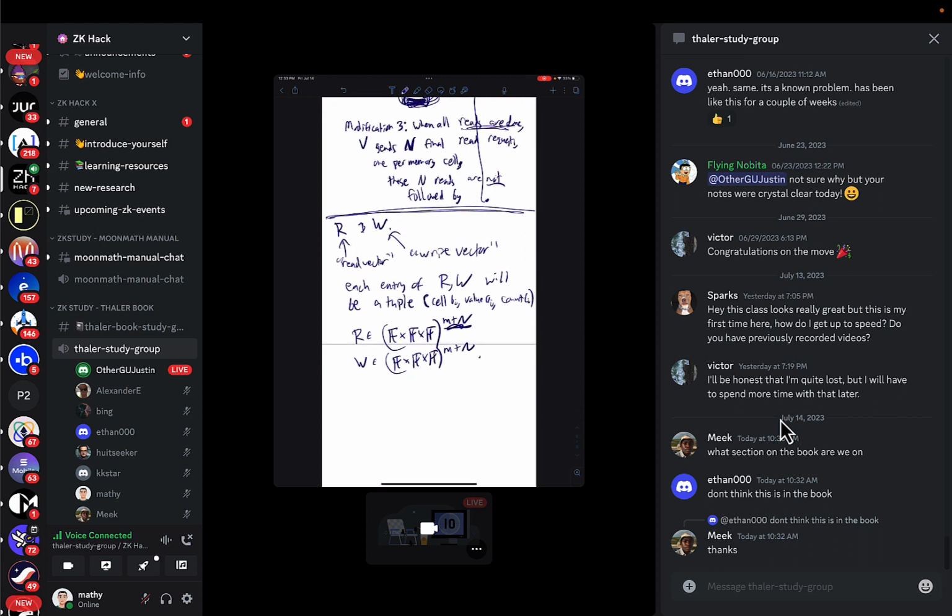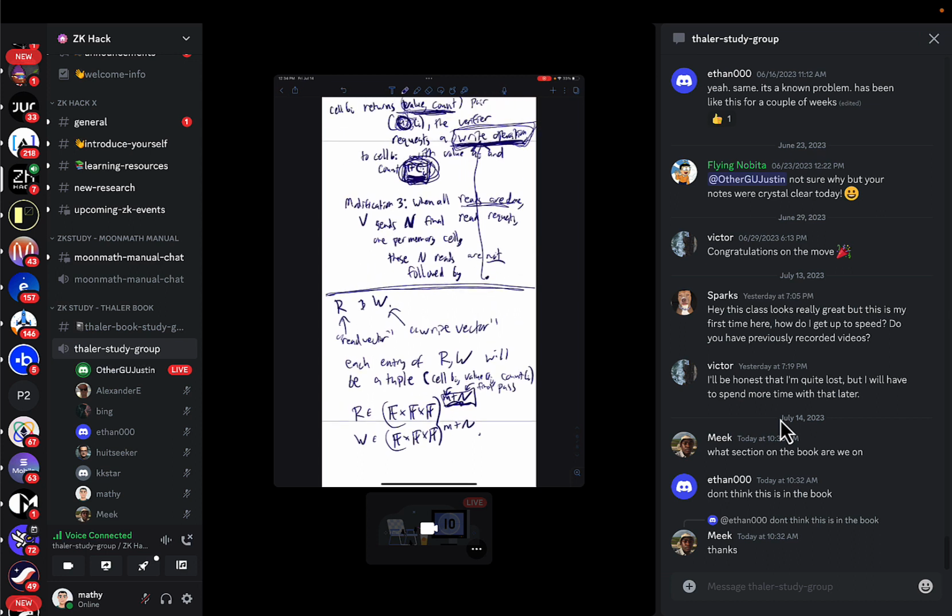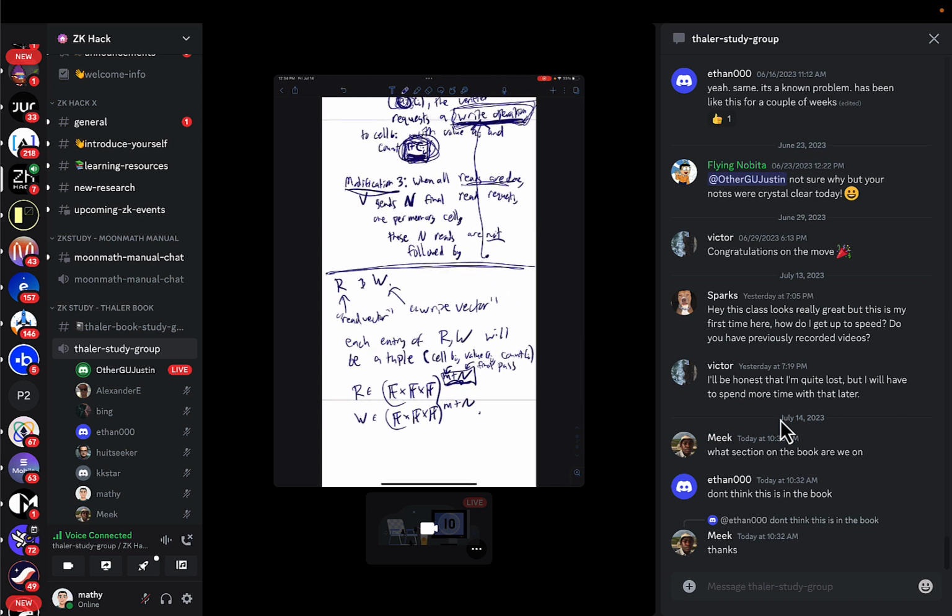Now let me tell you, R is going to be all of the tuples returned across all of the m plus n read operations. There are m original read operations that the memory checking verifier really cares about, those the verifier wanted to issue, and then n final ones from the final pass that modification 3 has the verifier make over memory.